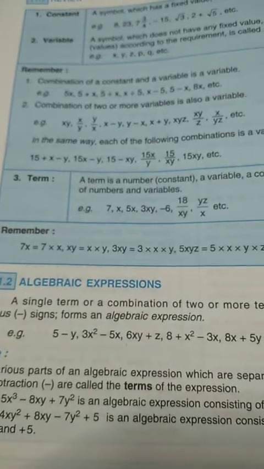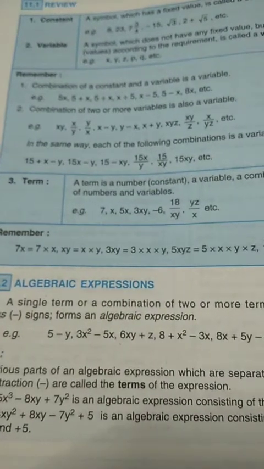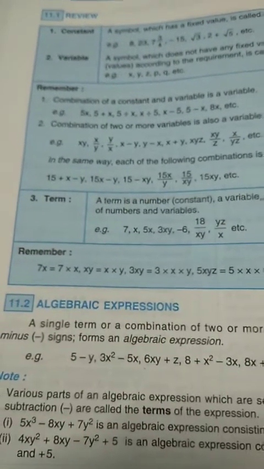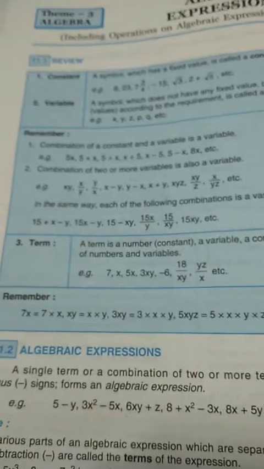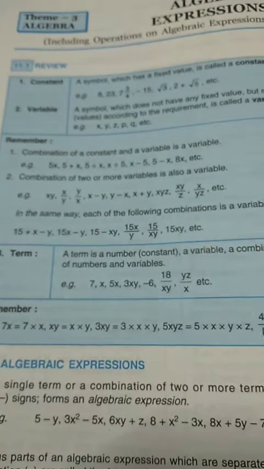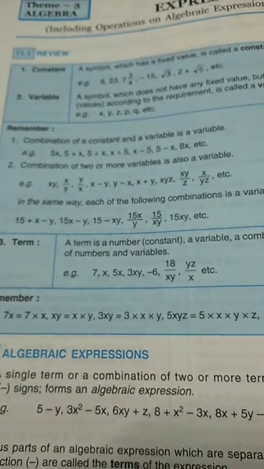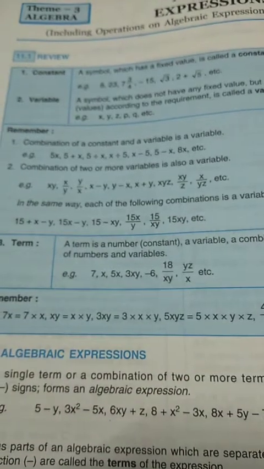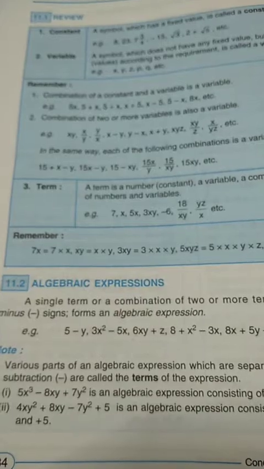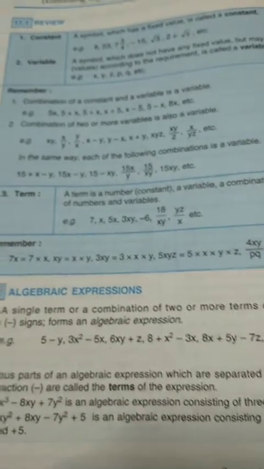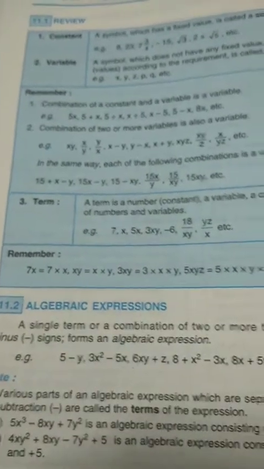Now the next thing is algebraic expression, which is a chapter. First we should understand what algebra is. Algebra is the combination of variable and constant. We have different types of algebraic expressions and symbols.